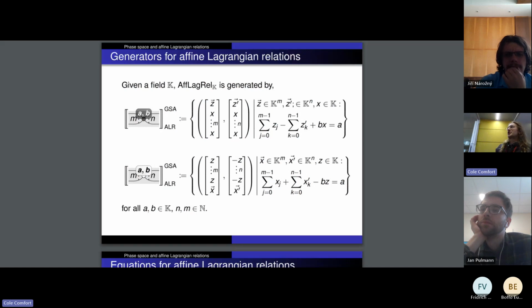So we pretty much generalize the generators of the affine relations, except now we decorate these graphs with two different numbers in our field. If you have this gray spider, the first number denotes the affine shift in the momentum, and the second scalar represents the slope in the momentum.